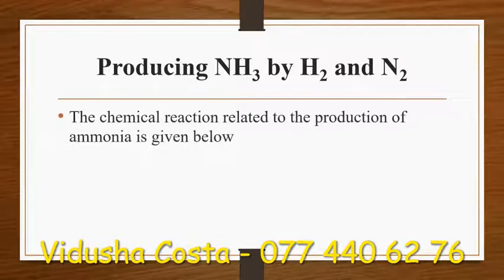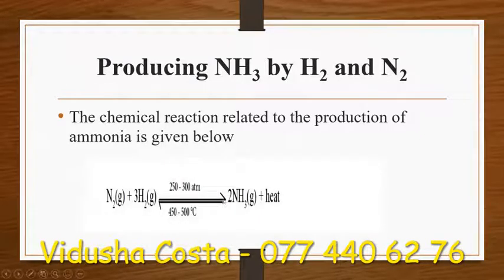Normally, the reaction related to the production of ammonia is nitrogen and hydrogen reacting to give ammonia, and it is an exothermic reaction. We are using a pressure of 250 to 300 atm, high pressure and high temperature.